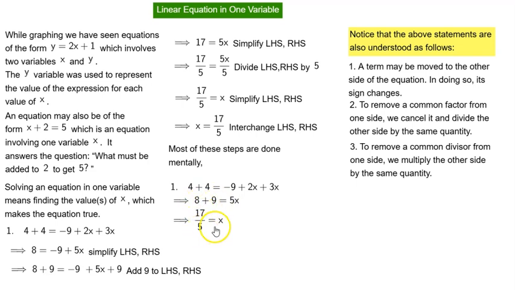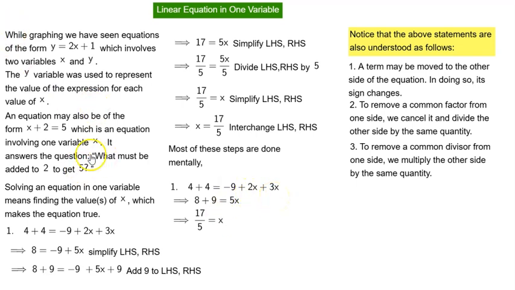So 17 by 5 is equal to x. And if we want, we can interchange the left hand side and the right hand side to say x is equal to 17 by 5. Or to begin with itself, we can bring minus 5x to the other side and say minus 5x is equal to minus 9 minus 8.